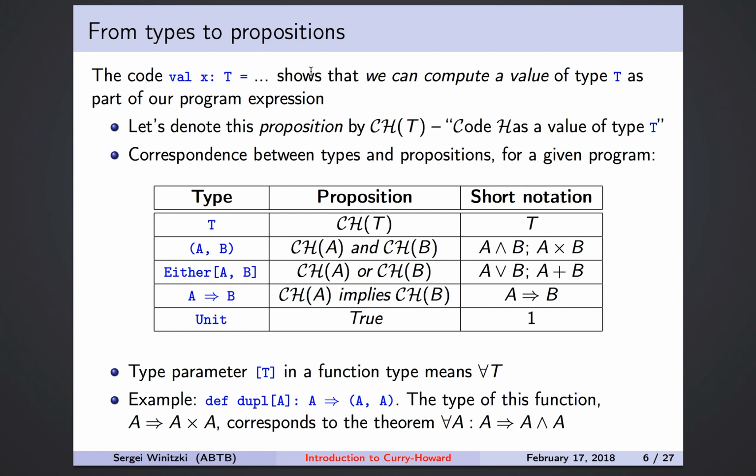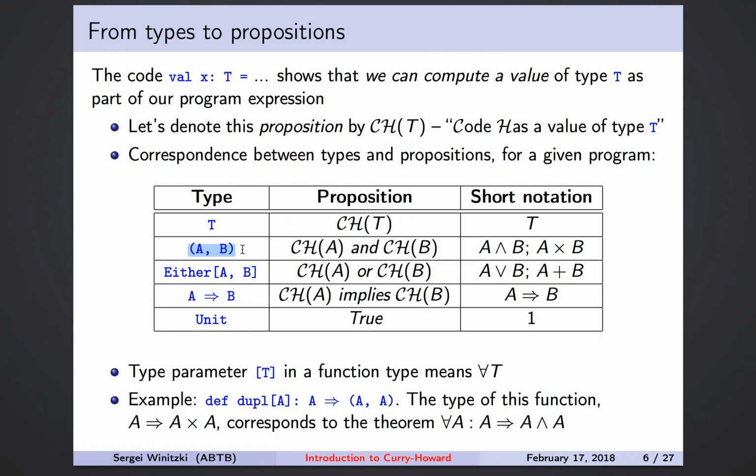Well, we just defined it. We just defined the proposition that corresponds to any given type. So I will use this notation as a short notation both for types and for propositions. But for clarity, I will sometimes write ch of t, just to make it clear what we mean.